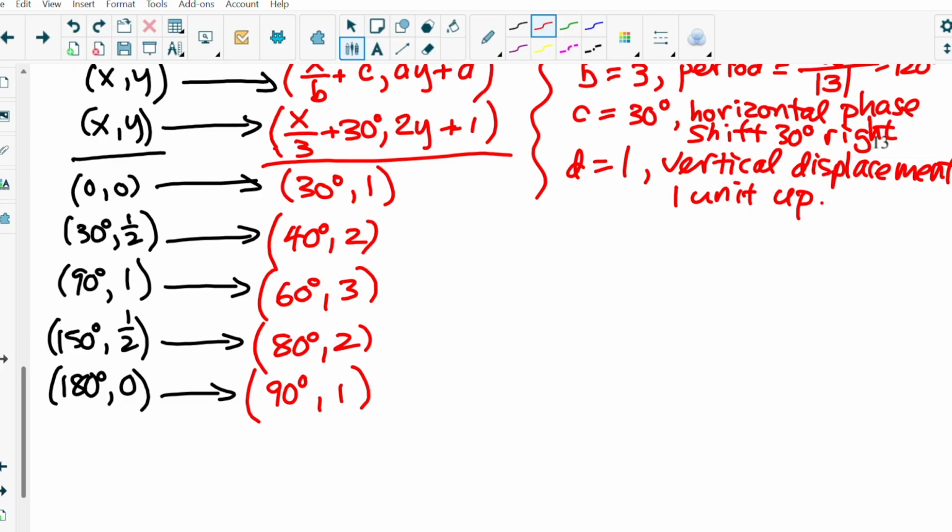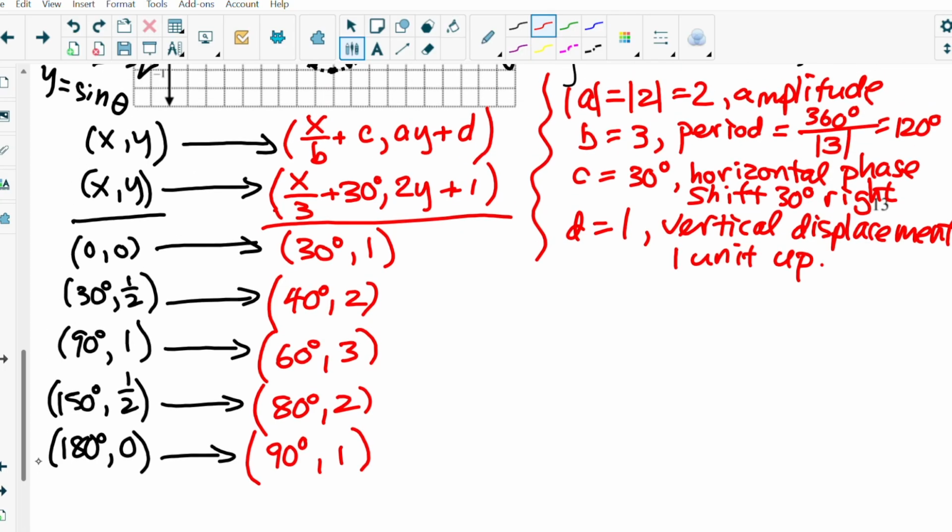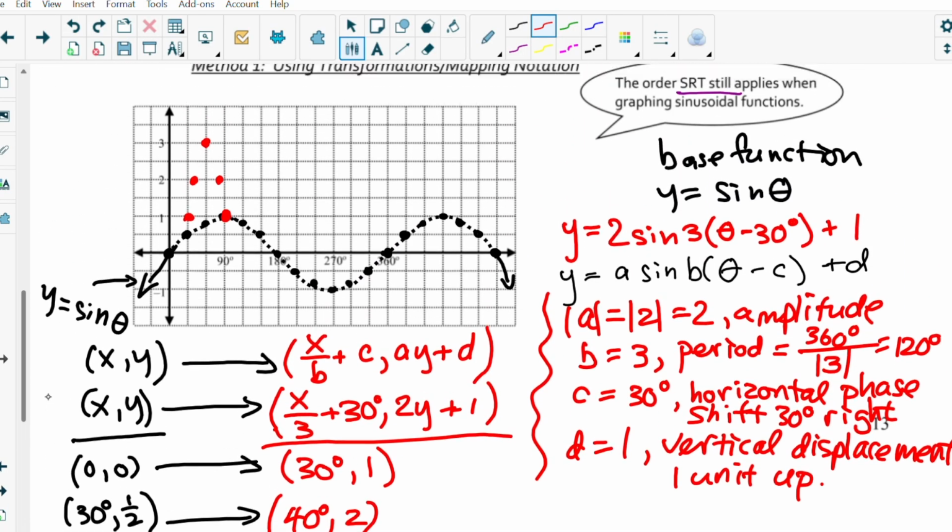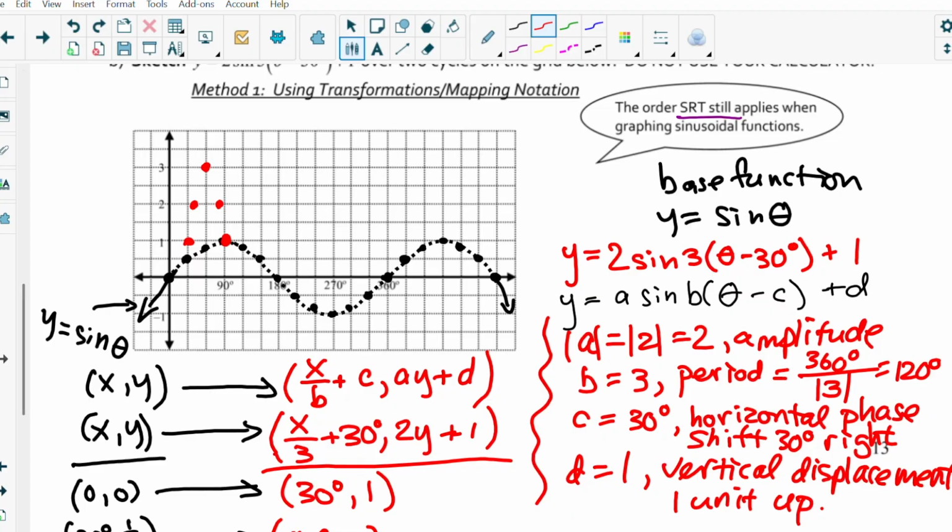Okay, so you can see a nice little pattern developing here. I'm going to go ahead and plot the rest of these points. Okay, so right about there, I need 2 full cycles.